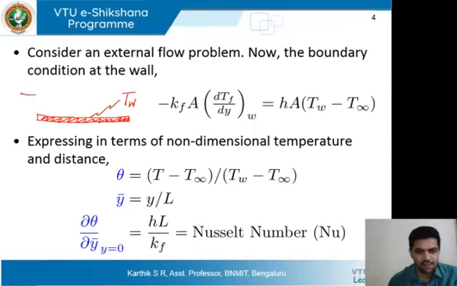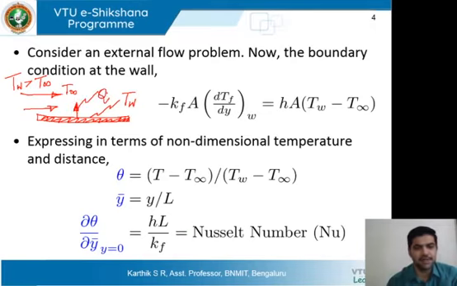There is some fluid which is flowing above the plate. Let its temperature be T infinity. Let us assume that Tw is greater than T infinity, so we assume that the wall is at a higher temperature. Obviously there is heat transfer in this direction. This is Q. So heat is transferred from the solid wall to the fluid.